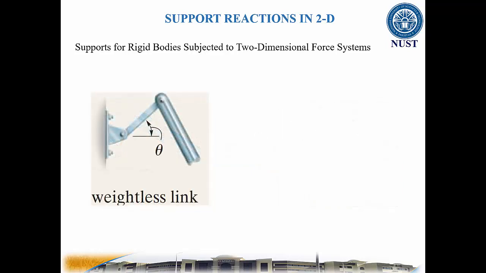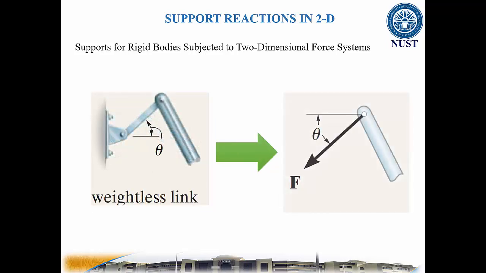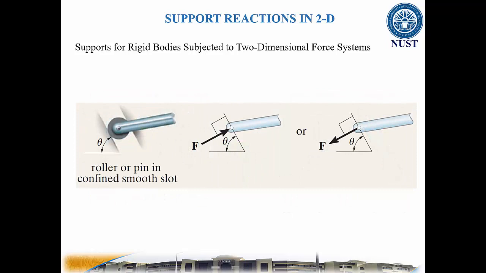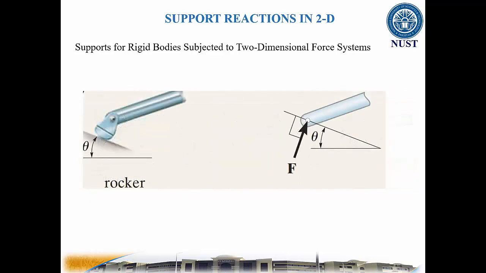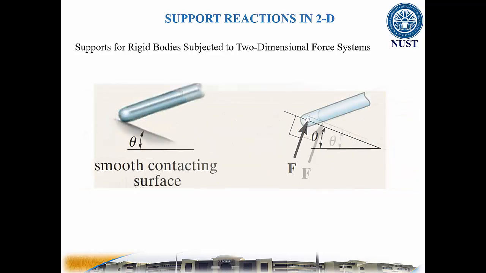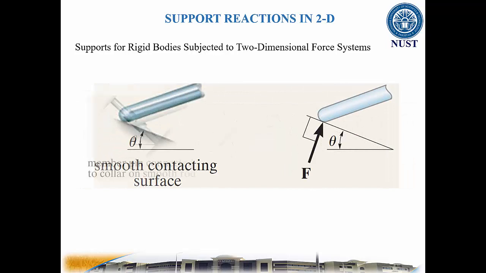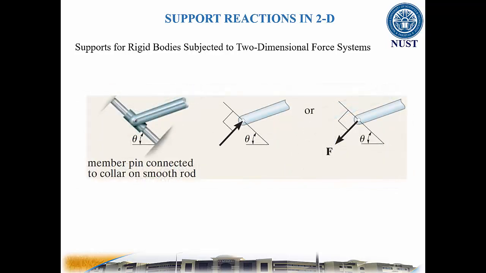The weightless link connection also has one unknown. The reaction is a force which acts along the axis of the link. Similarly, a roller in a confined smooth slot, rocker, smooth contacting surface, member pin connected to a collar and smooth rod, all these cases prevent motion in one direction.